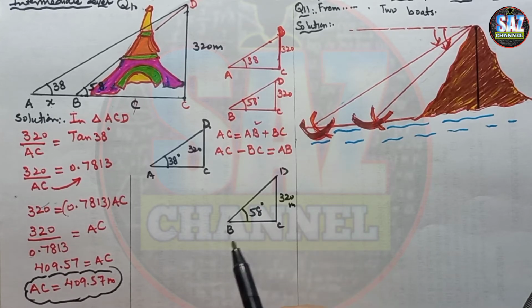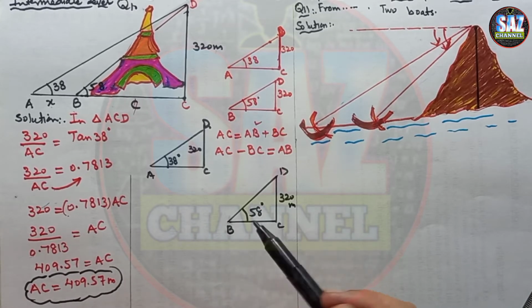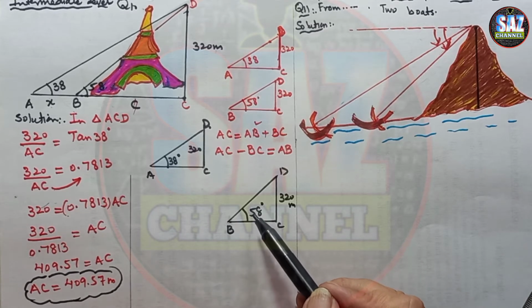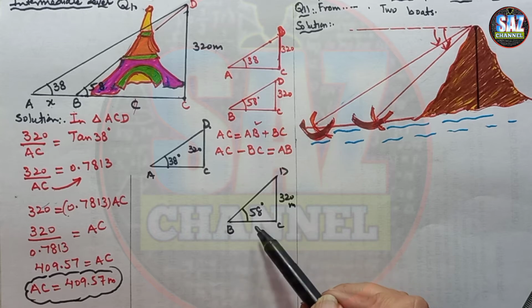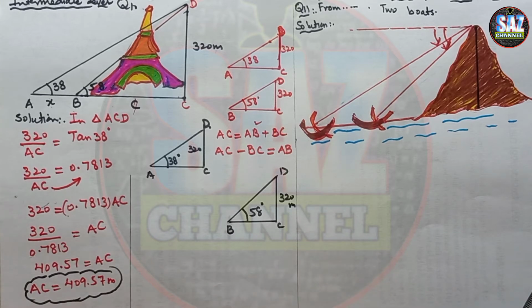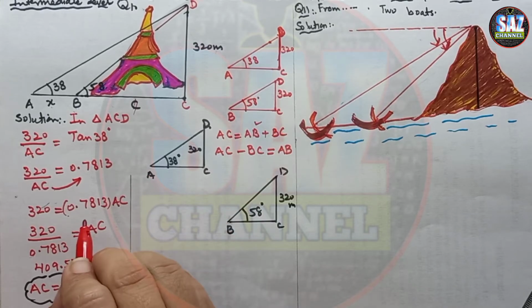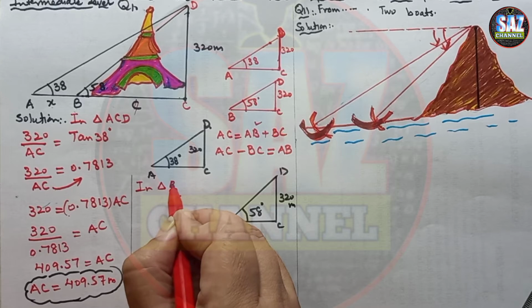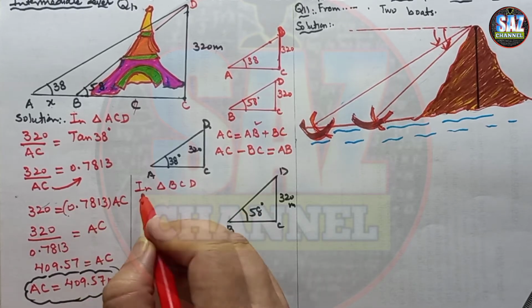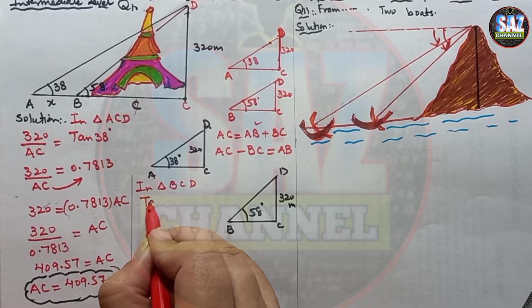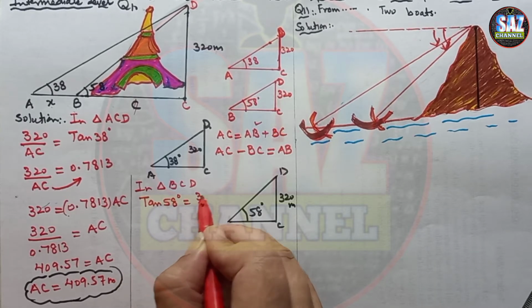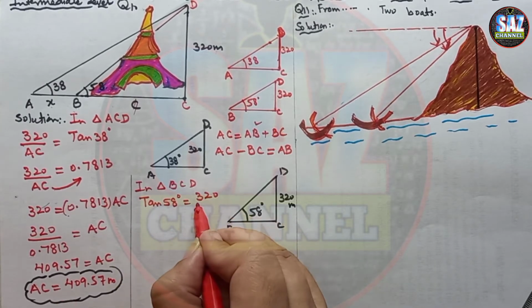Okay, now in order to get BC, see with the reference of this acute angle 58 degrees, what is 320 and what is BC? Again, we are going to apply tangent 58 in triangle BCD. Tangent 58 degrees equals 320 upon BC.